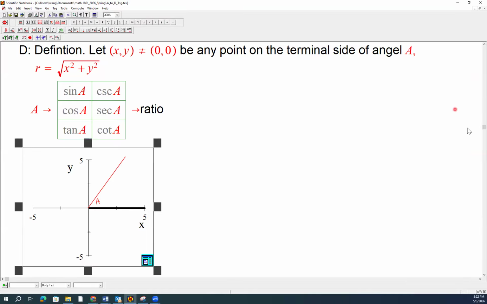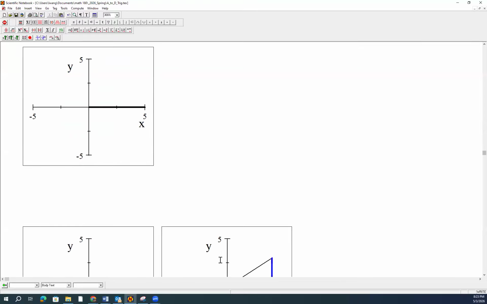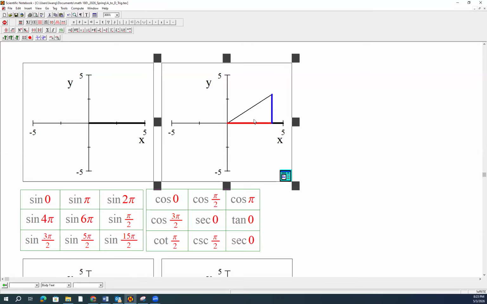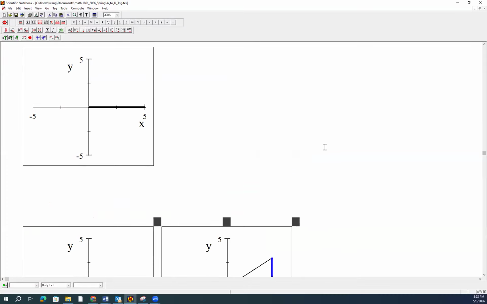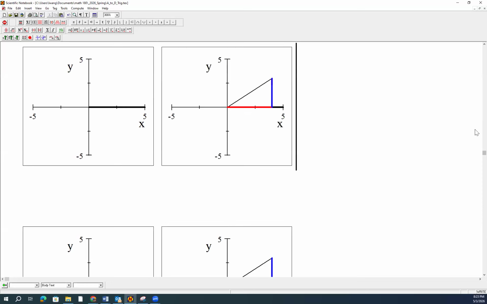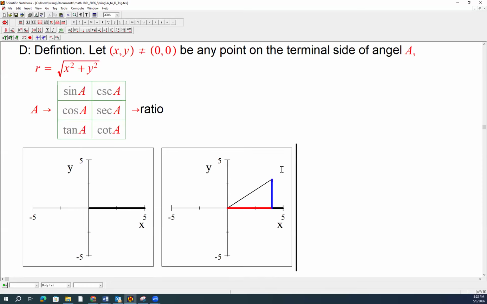So now, next, we're going to define all these 6 functions. I'm going to take an example. I draw this, we've been using this in class, so we're going to be consistent with it. Now I pick any point on the terminal side of the angle. Suppose I pick this point.